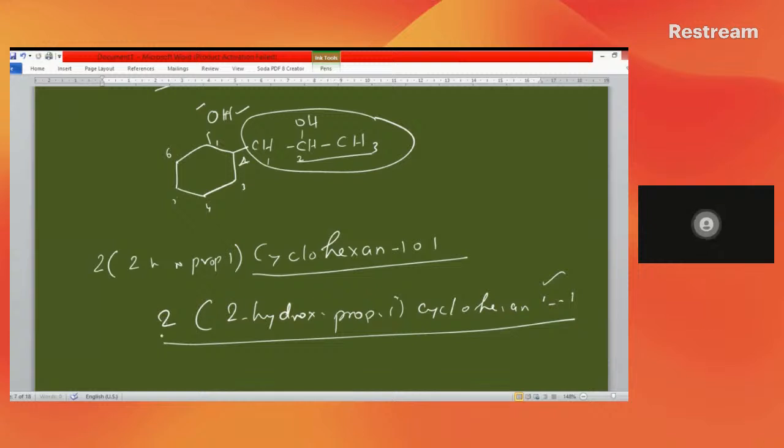So 2-hydroxypropyl cyclohexan-1-ol. Okay, that's the case. If more than one ring structure is bonded with the parent compound, both the ring structures are treated as branches.